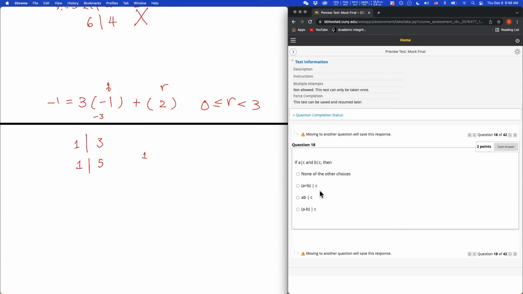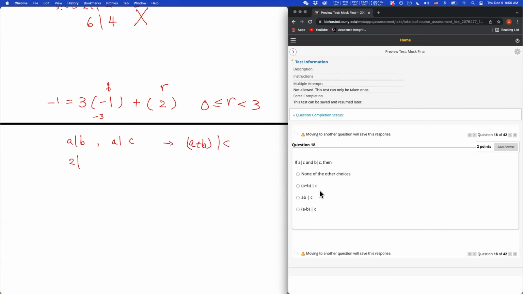Wait, let's do another one. We want A divides B and A divides C, and now we want to check whether A plus B divides C is true.